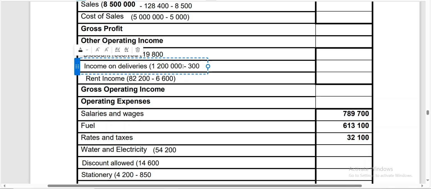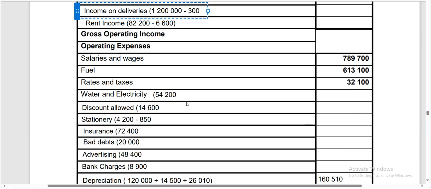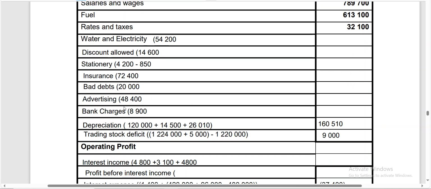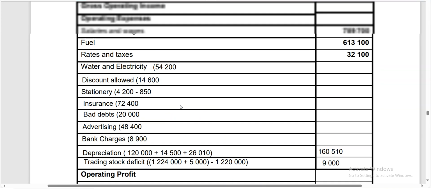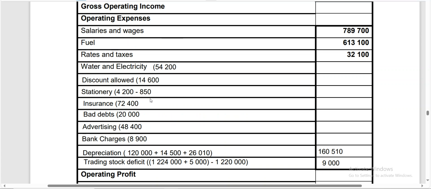I had written this. I don't know why these items are not saved. Maybe because I'm recording for a very long time, so it did not save all the adjustments that I made.